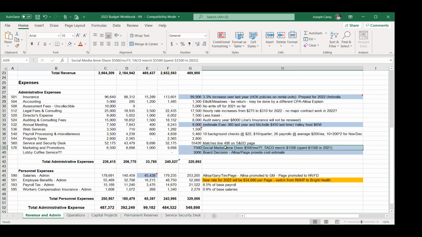I can cite examples. Landscaping is one of the big ones. Instead of paying an outside contractor, we bring the work in-house. We get it done more efficiently, and we get it done more cheaply. I didn't want to use the word cheaply, but anyway, we get it done.